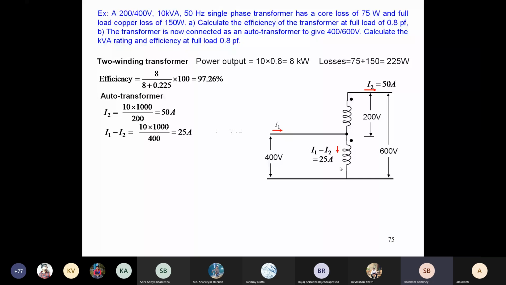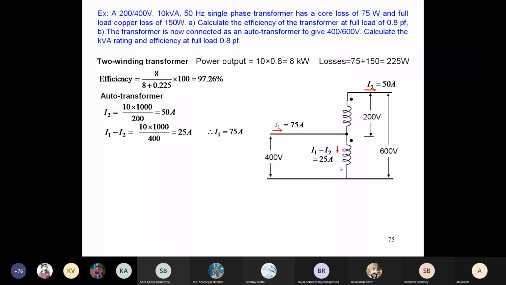So this is the auto transformer converted from a two-winding transformer, and we have found its primary and secondary currents. Its primary voltage is 400 and secondary voltage is 600, and the secondary delivers 50 ampere.